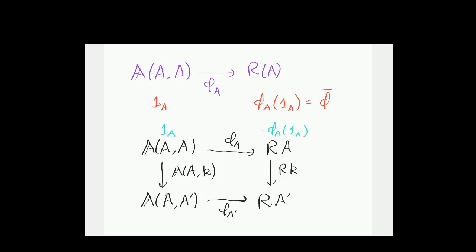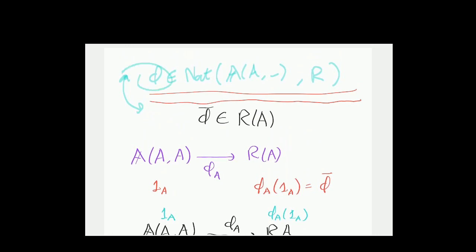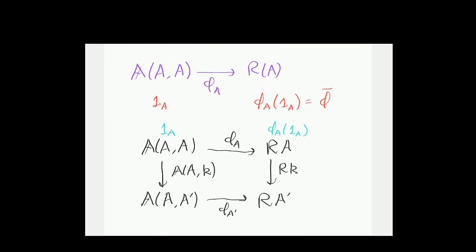identity of A. Let's suppose we know the nature of this phi bar and we're interested in what's the phi that it corresponds with. So we know then that this should be equal to phi bar. And then what we're going to have down here is going to be R of K of phi bar.